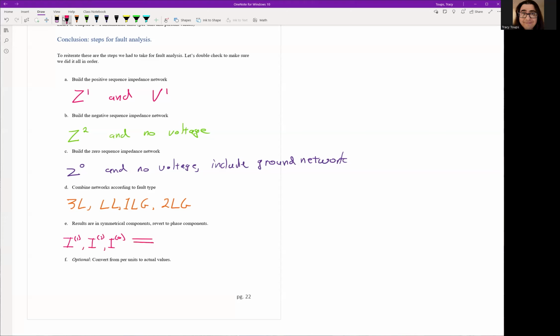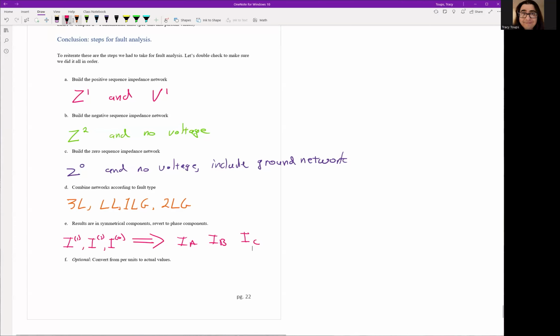This all needs to get converted over based on that matrix to IA, IB, and IC. And again, it's optional if you will be in per units. If you want actual values in amps, you do an optional conversion through your base value: finding the base of that part of the grid and multiplying the per unit by your base.